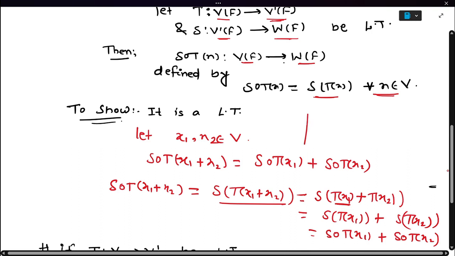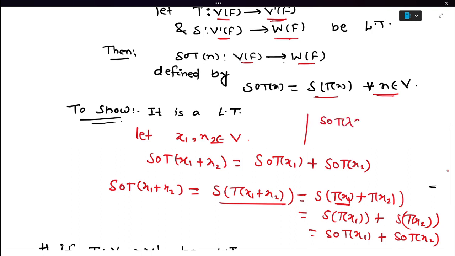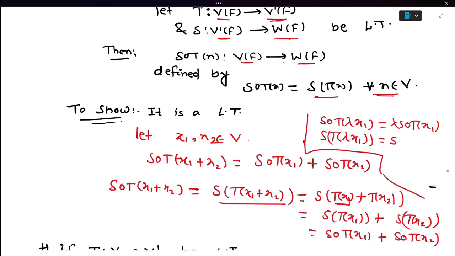Also, we need to prove S of T of lambda x1 equals lambda S of T of x1. We can prove this easily. Here we can write S T of lambda x1 by definition of composition of functions, and since T is a linear transformation, we can write lambda T of x1.